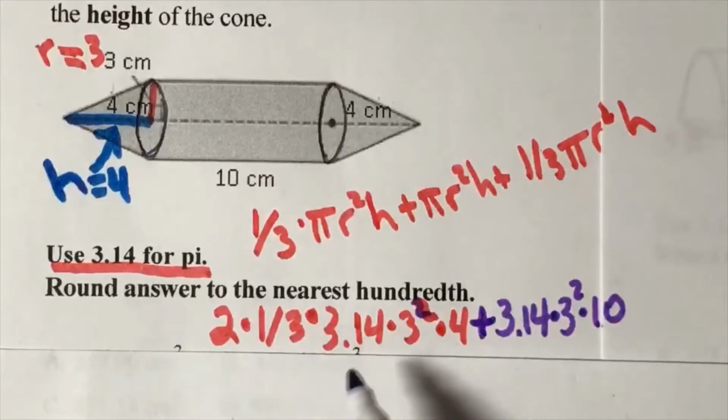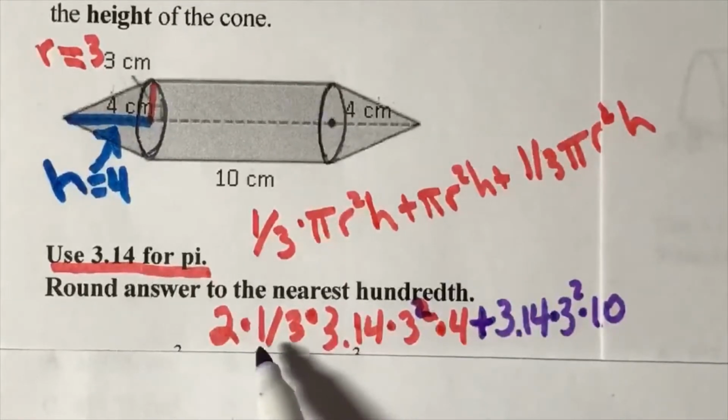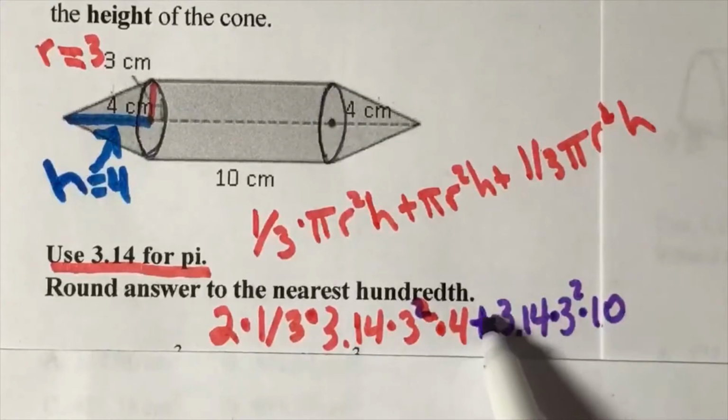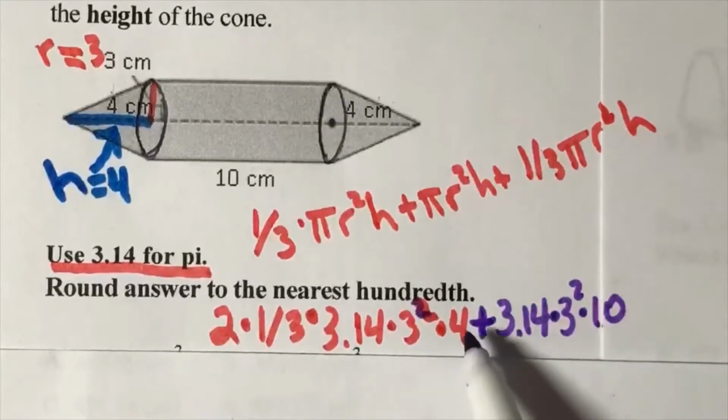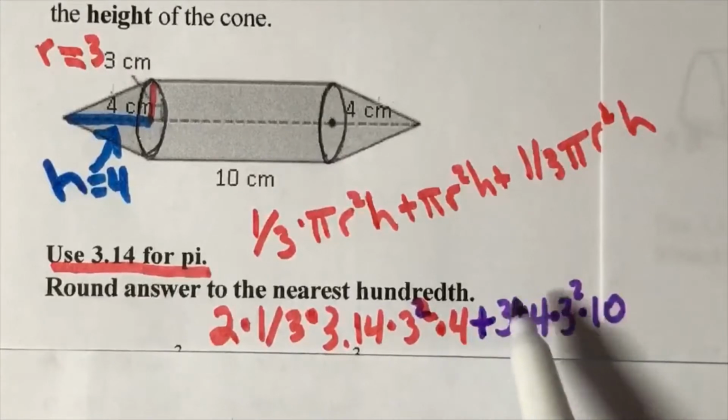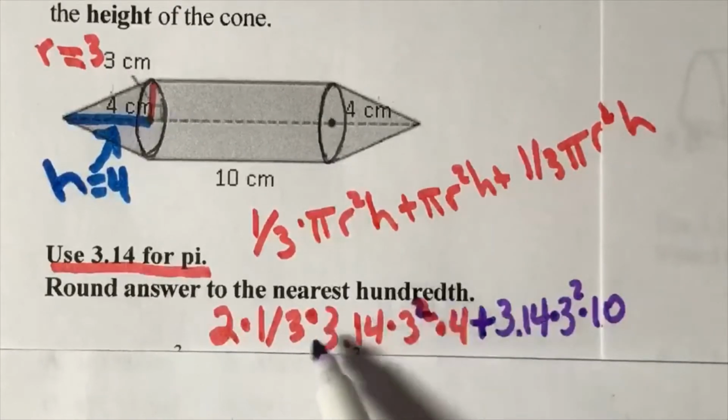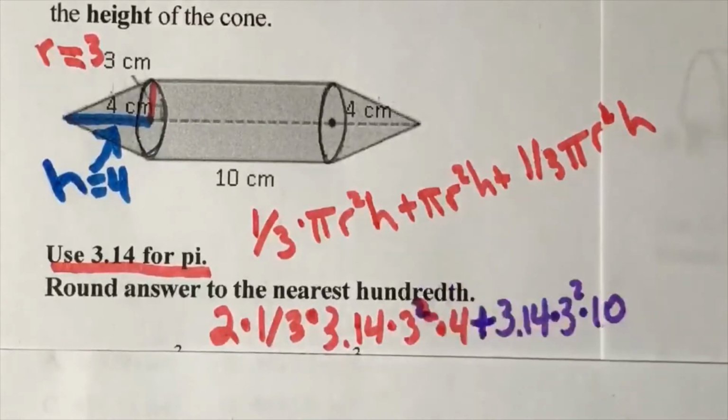A lot of times you put a multiplication dot where it should have been a plus sign, or you left off a number. How are you going to remind yourself what to do? You have to go back to your formula. Did you bring everything down correctly?